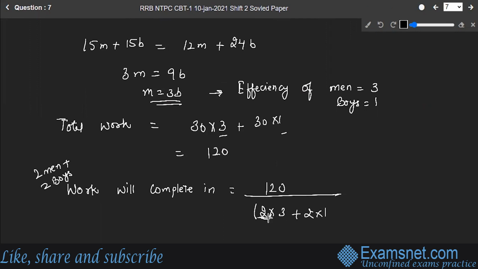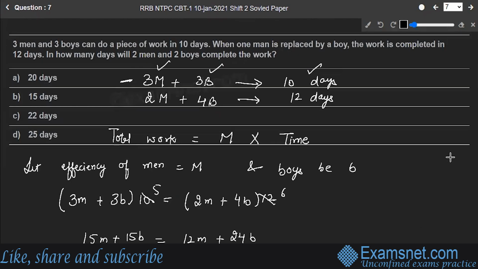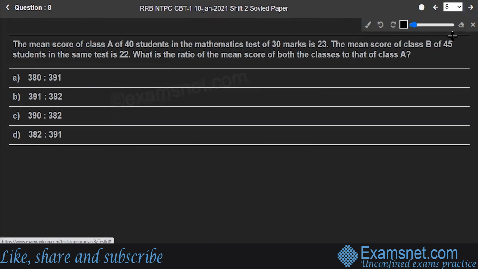This is the number of men into their efficiency plus number of boys into their efficiency, which is equal to 120 upon 6 plus 2, that is equal to 8, which is 15 days. So 2 men and 2 boys will complete the work in 15 days. That is option B. Hope you got that. Next is question number 8.